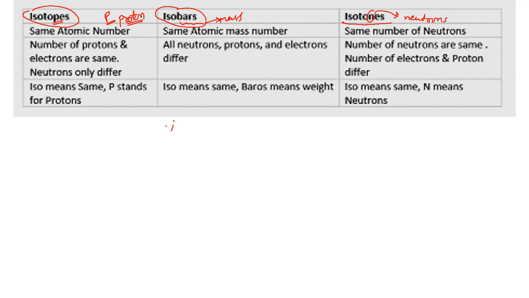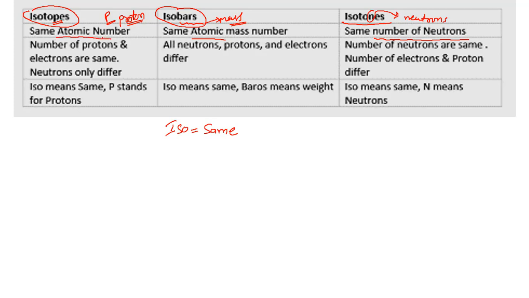What is iso? Iso means same. Isotopes: same number of protons. Isobars: same atomic mass. Isotones: same number of neutrons.